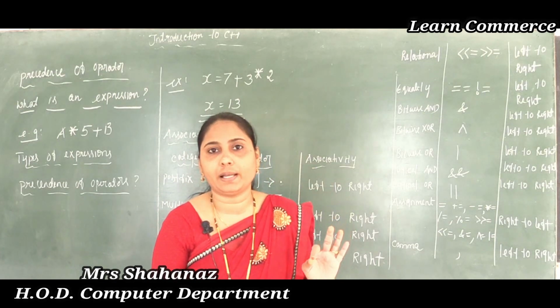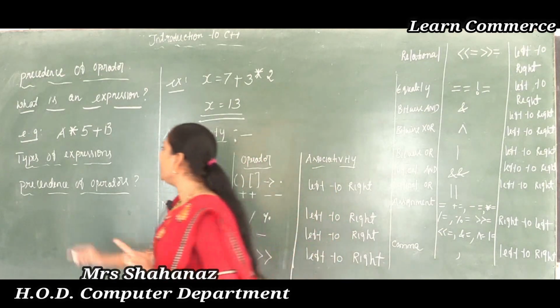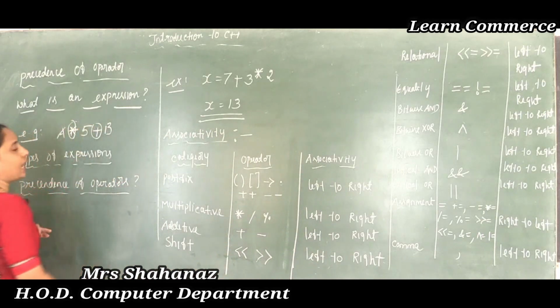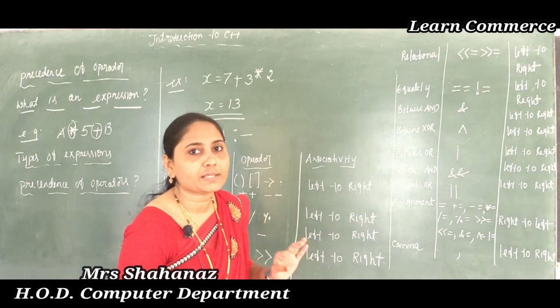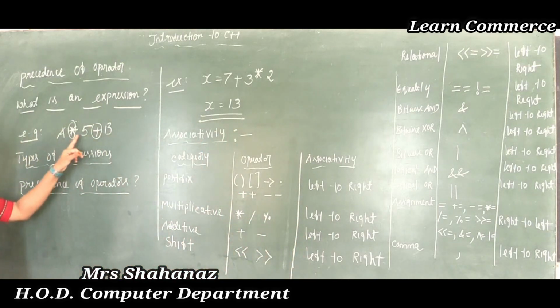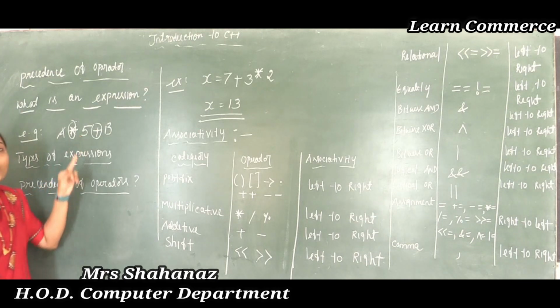So in this example, here the multiplication and plus are called the operators. Correct now here? The multiplication and plus come in the case of the operators, and a, b and 5 are called the operands, or in simple meaning we can say a, b are the operands and 5 is called the constant.